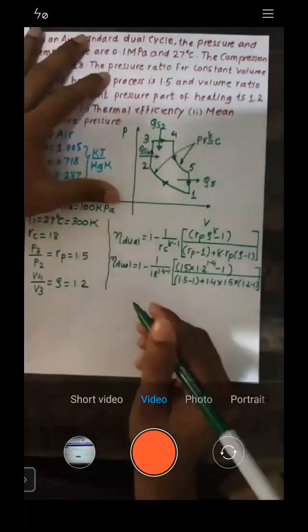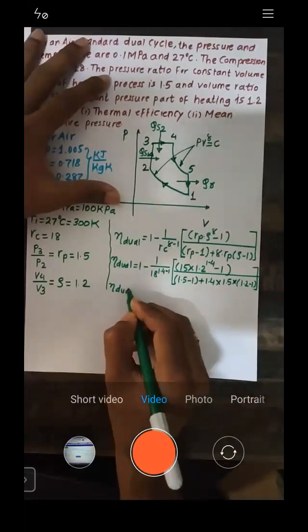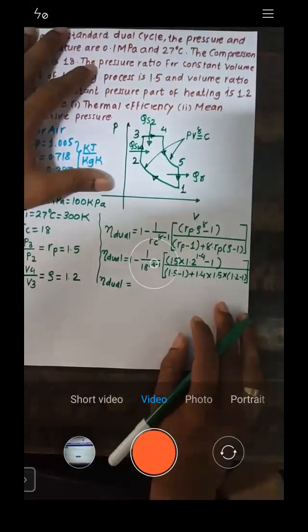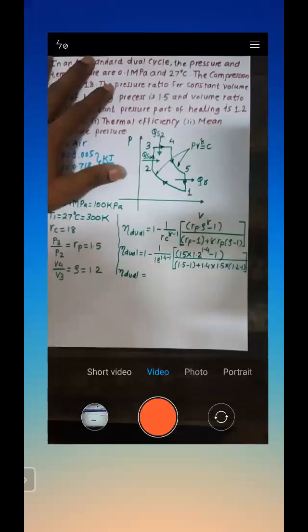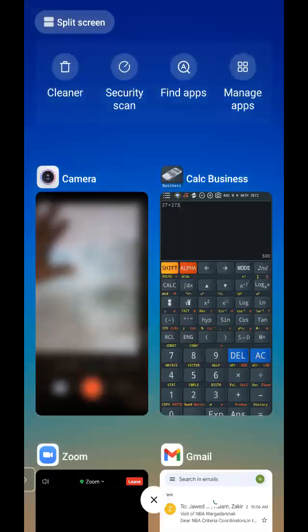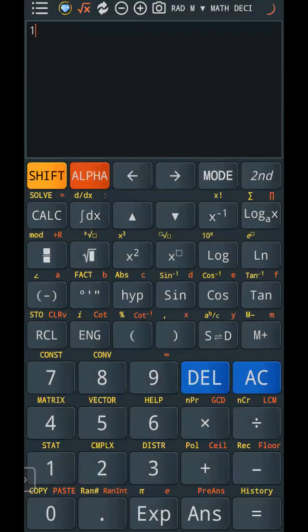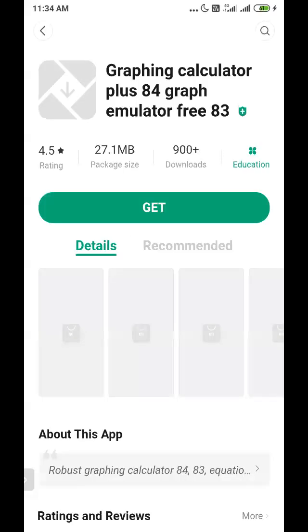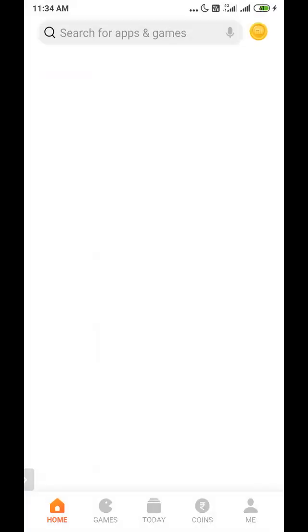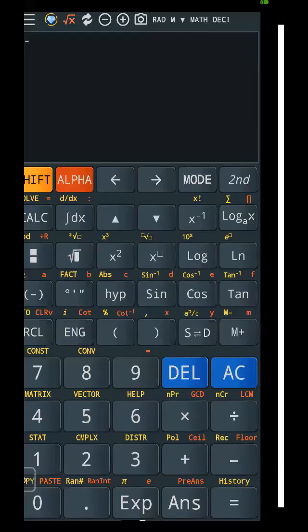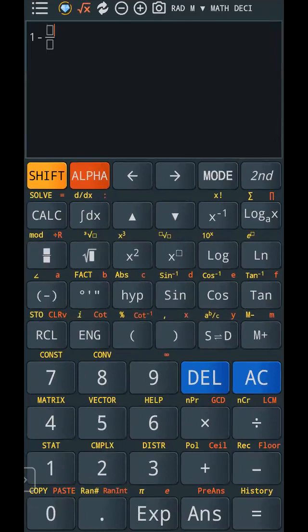Right now I need to calculate the efficiency. Okay, let us solve this in a calculator. Let us calculate the efficiency of the dual cycle, because everything is given in the problem. We need to just calculate that. So, 1 minus 1 upon RC.